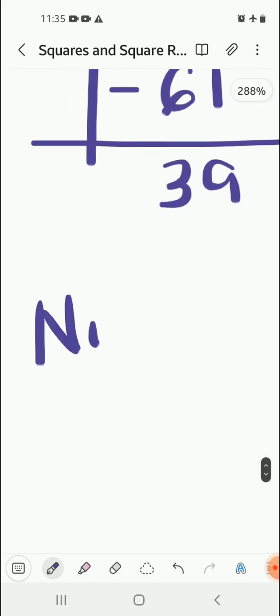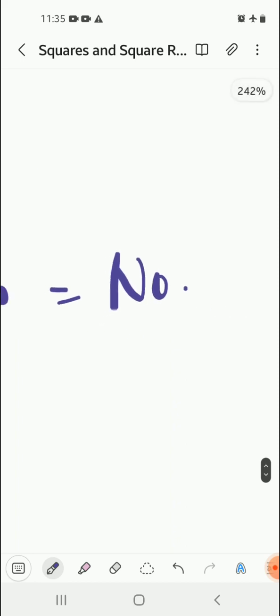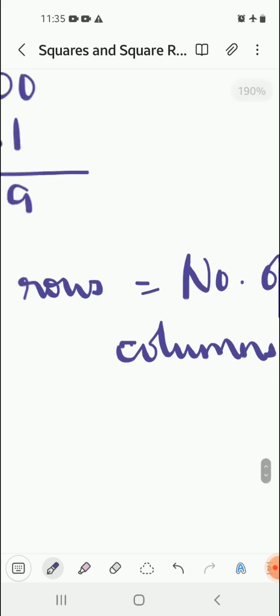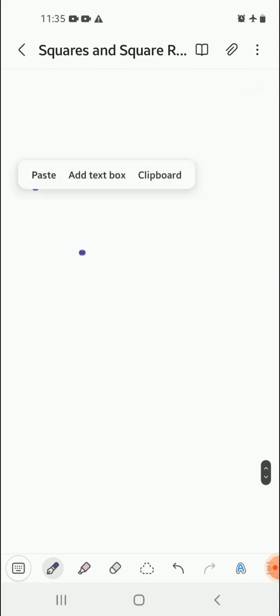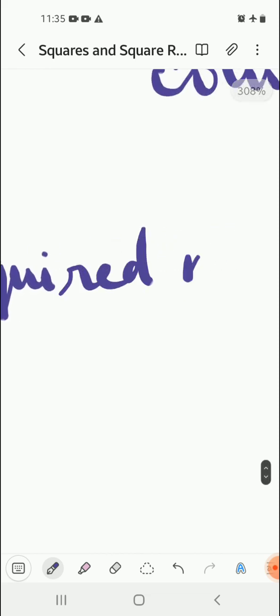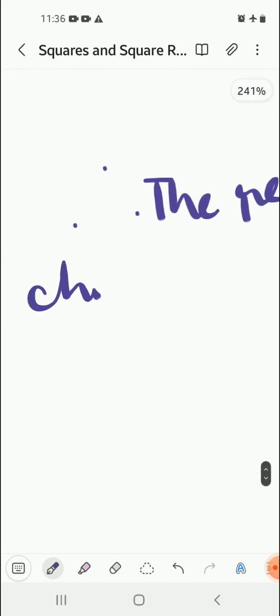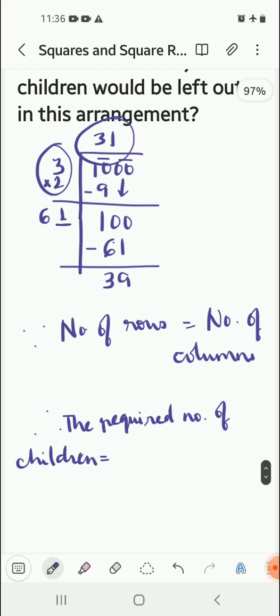Since the number of rows is equal to the number of columns, therefore the required number of children will be 31 square.